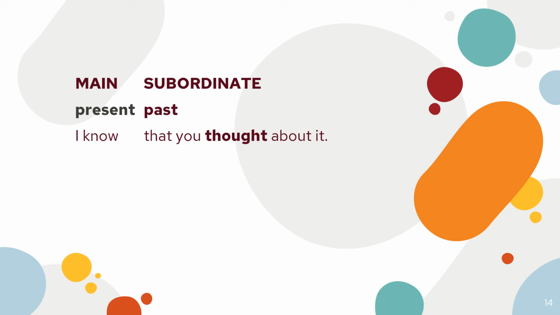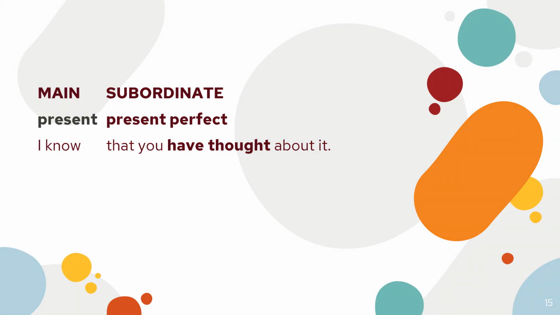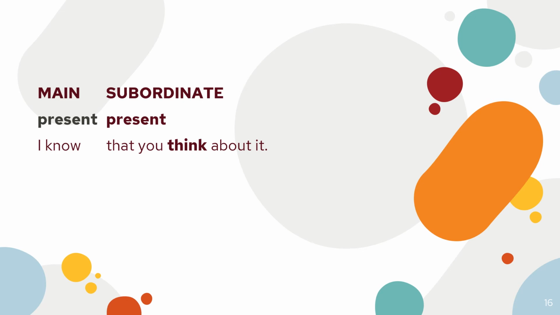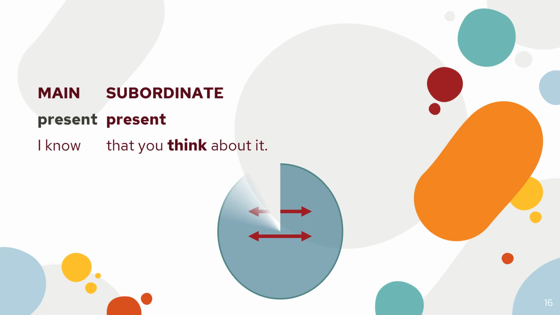If the subordinate clause is in the past tense, the action described in the subordinate clause took place first. If the subordinate clause is in the present perfect tense, the action described in the subordinate clause took place at an indefinite time before that of the main clause. If the subordinate clause is in the present tense, both actions are simultaneous and ongoing.